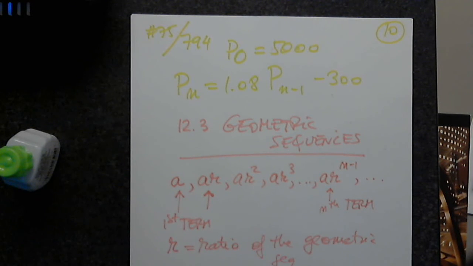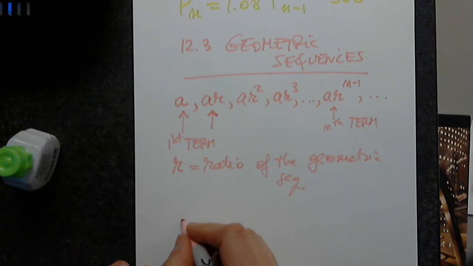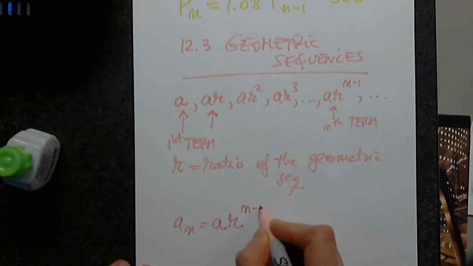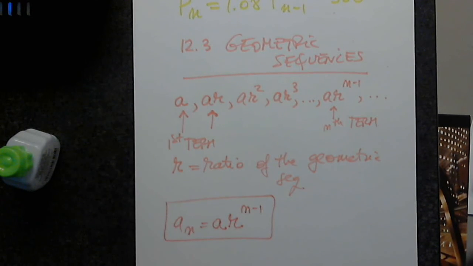So please remember, A sub n, for the geometric sequence is A multiplied by R to n minus 1. That's the general term of a geometric sequence. R is the ratio. How do I determine the ratio?